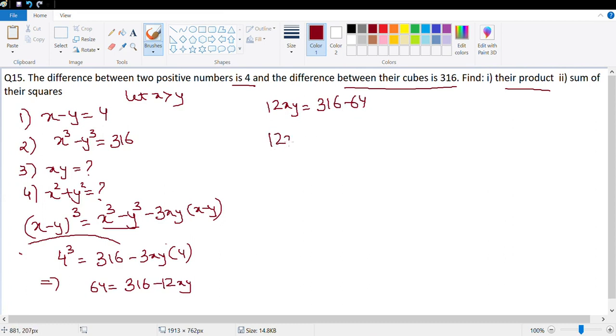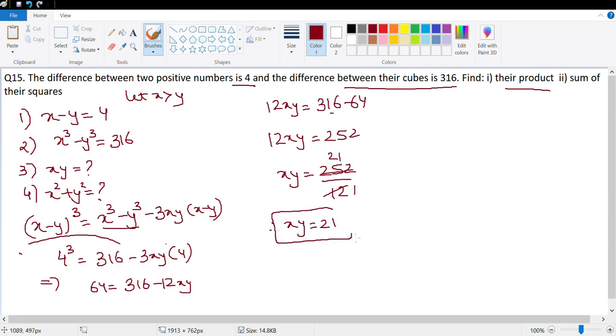So 12xy is equal to 252. Yes, that's correct, which means xy is equal to 252 upon 12. 12 1, 12 2, 24, that's 12. Therefore, xy is equal to 21. Finally, I made way too many mistakes. Doesn't matter as long as I realize it while I'm doing the question. So the product is 21.